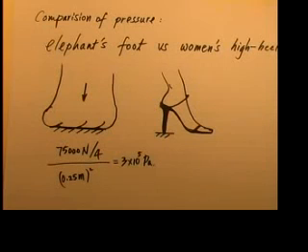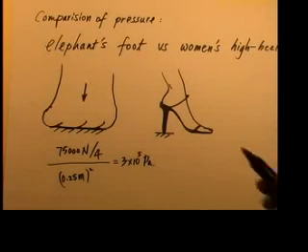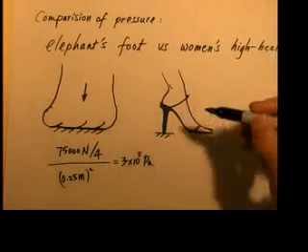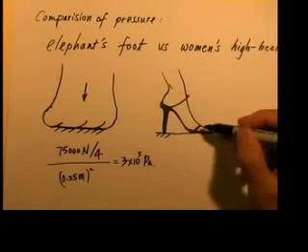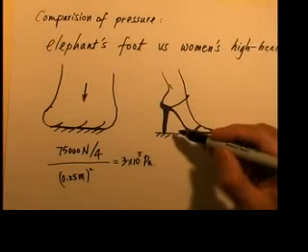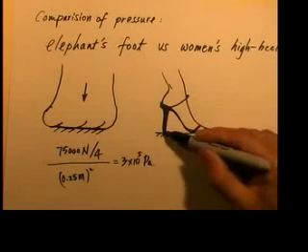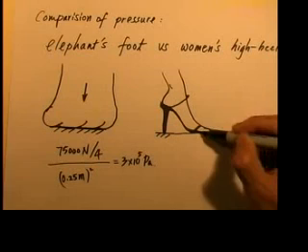While this may sound like a lot, let us look at the pressure produced by the high heel worn by a woman. Normally speaking, when she walks, the contact area between the shoes and the ground actually has 2 parts to it. One is the heel itself, and of course there is also this part.